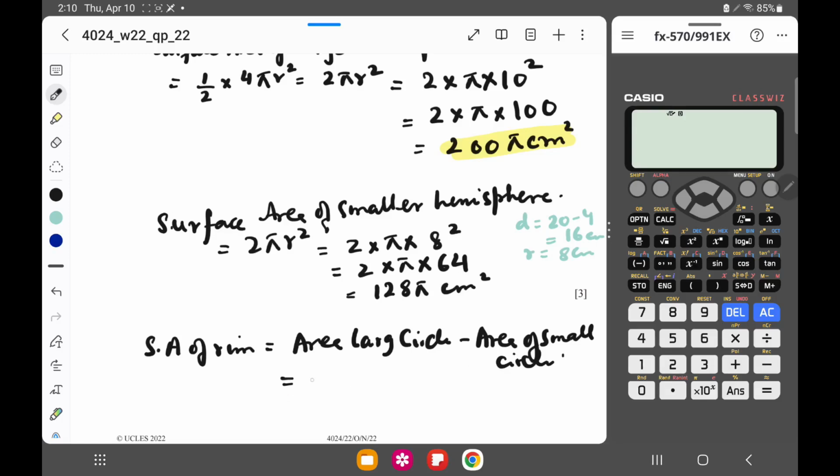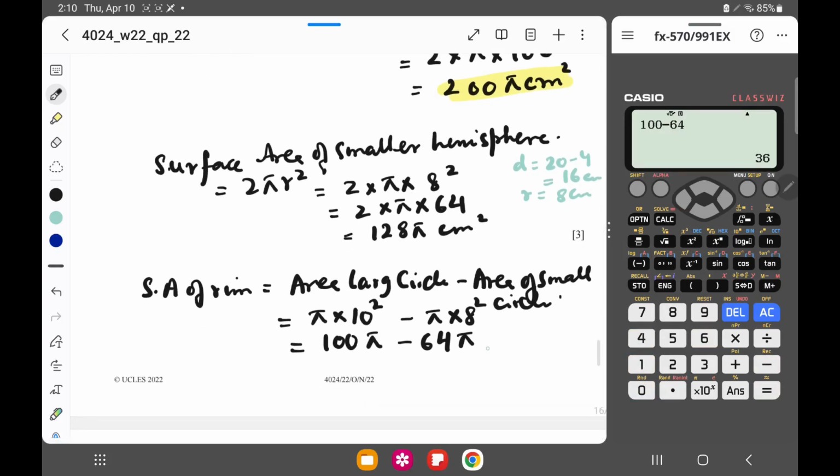That is pi r square, pi times 10 square minus pi times 8 square, which is 100 pi minus 64 pi. So 100 minus 64 is equal to 36 pi square centimeters.